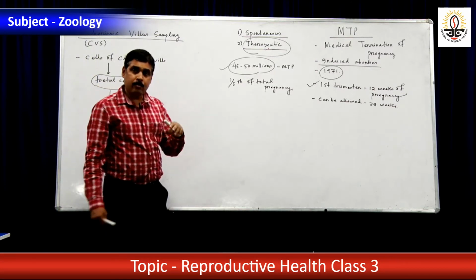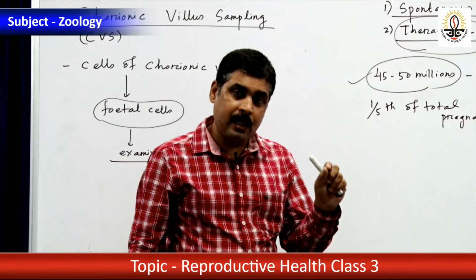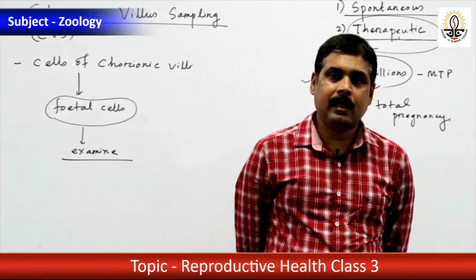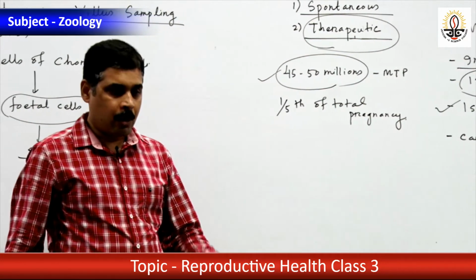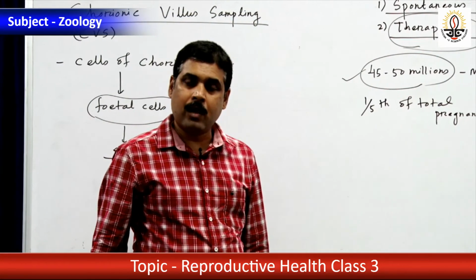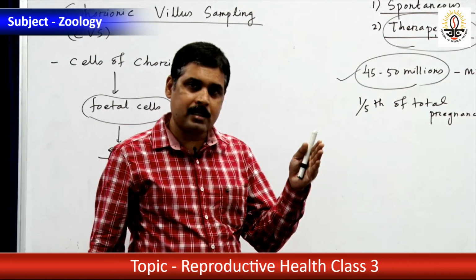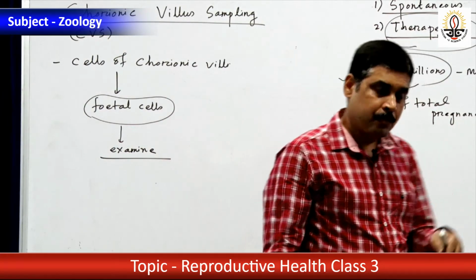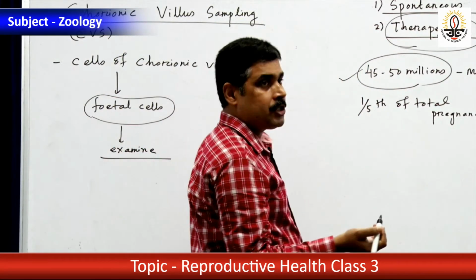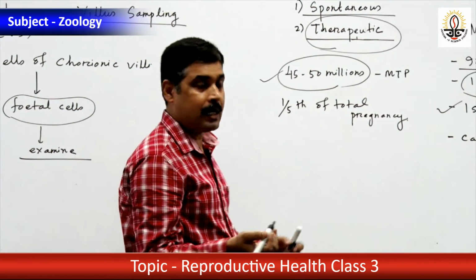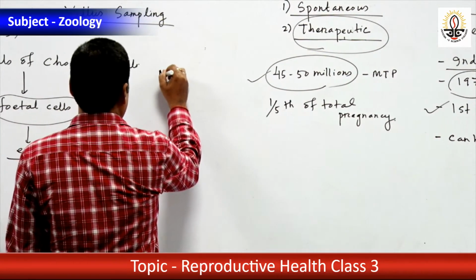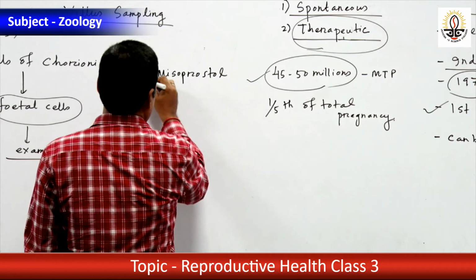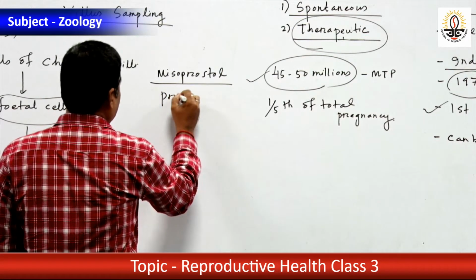MTP is also carried out by medicine. During very early pregnancy, there is an unwanted kit. The unwanted kit contains two hormonal preparations. One is misoprostol, another one is mifepristone. Misoprostol is a prostaglandin.